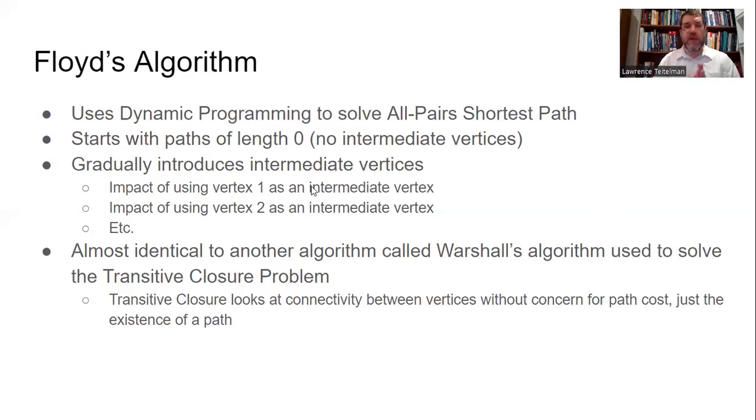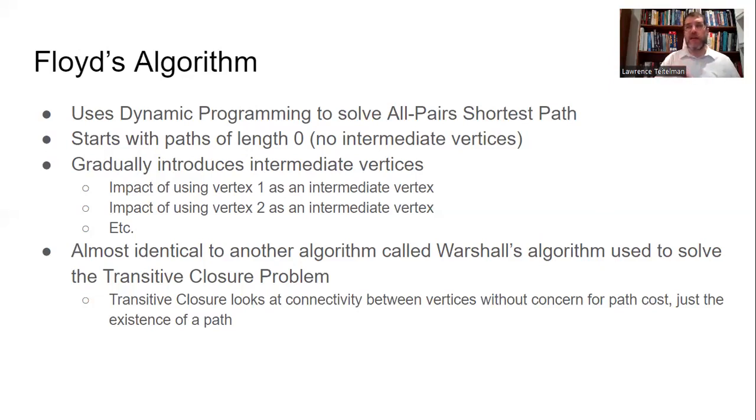Can we do anything going through vertex 1 to our destination vertex? Then we try it with vertices 1 and 2, using the information we already have about vertex 1. So we gradually build up until we're allowed to have n-1 intermediate vertices. We never have more than n-1 intermediate vertices, because why should we? That means we're going back to a vertex more than once, and we can just cut the slack, right?